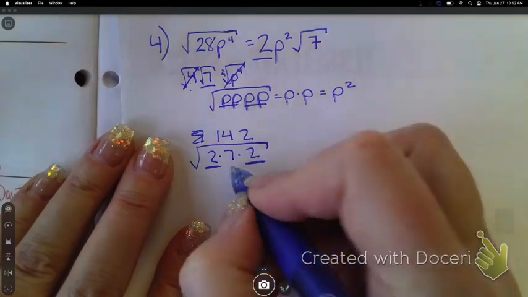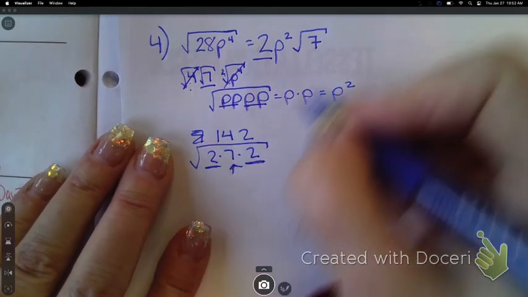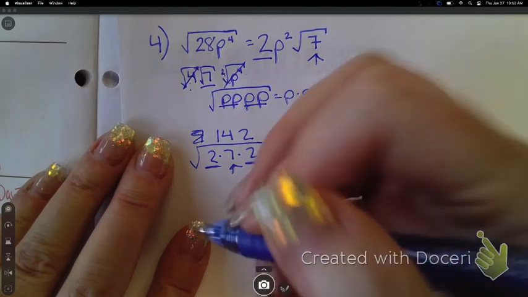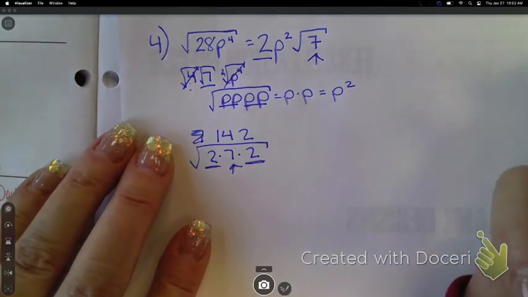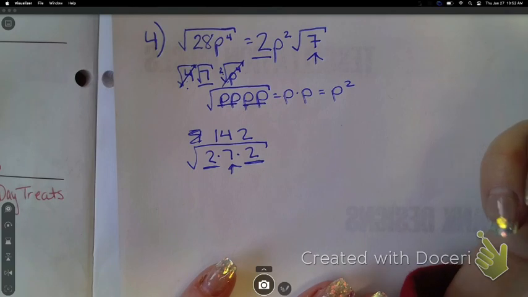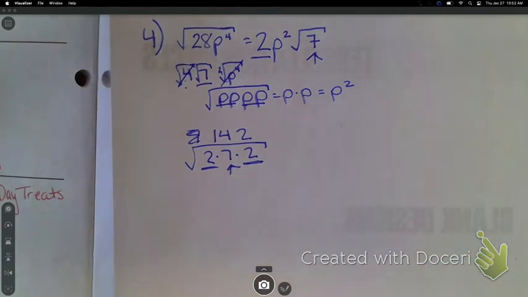And then you have 7 left over. What I'm doing is a little quicker than what you're doing, especially when you get bigger numbers. Did that help with 4? If you missed 4, what did you do wrong? Internalize this.